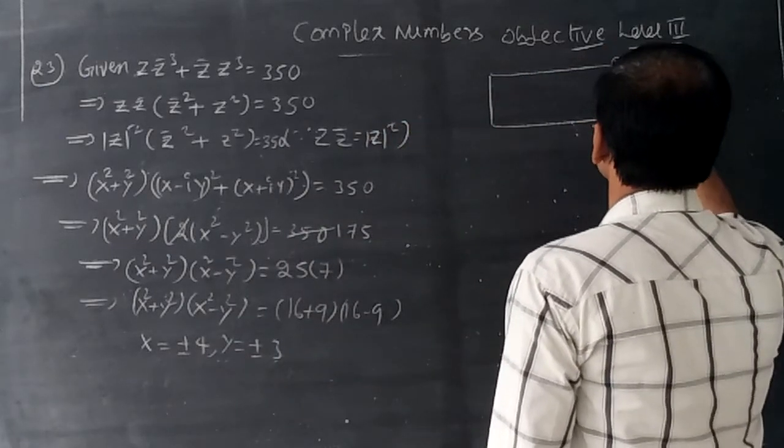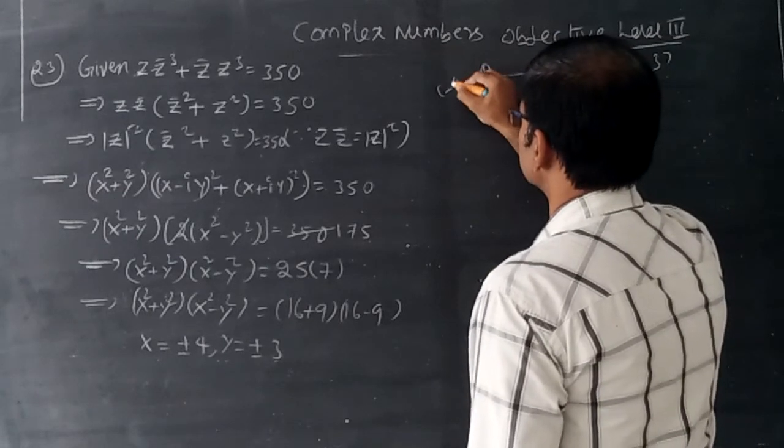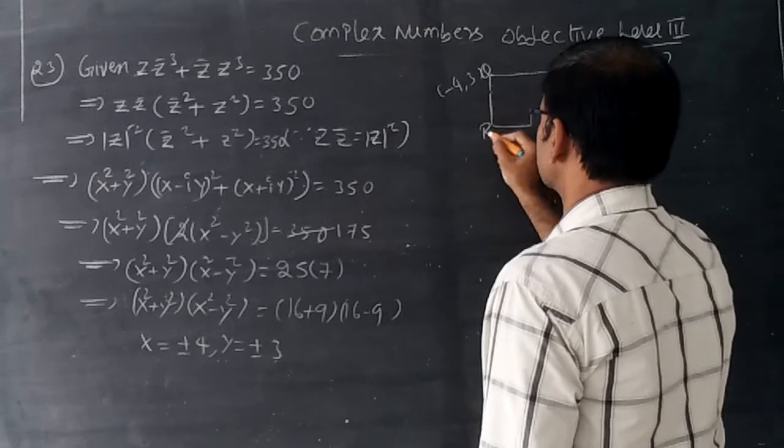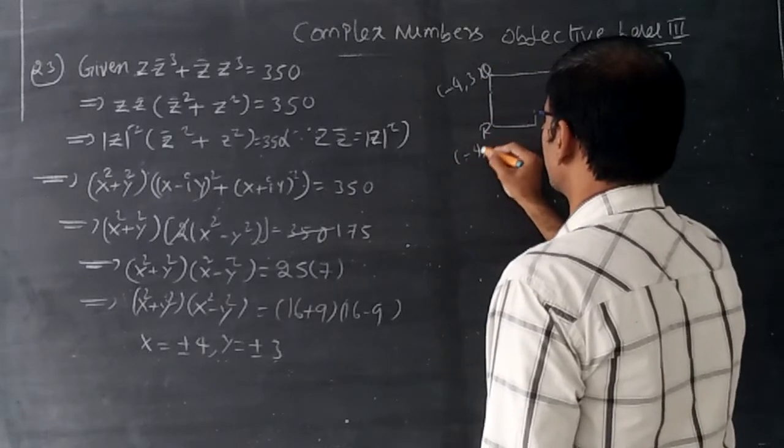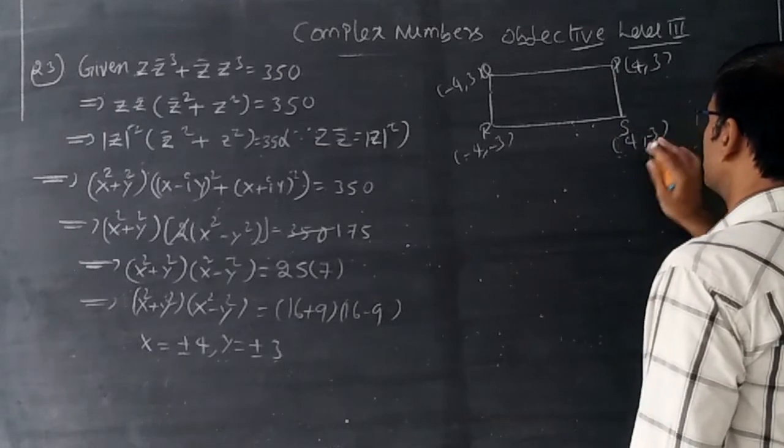This is P, (4, 3). This is Q, (−4, 3). This is R, (−4, −3). This is S, (4, −3).